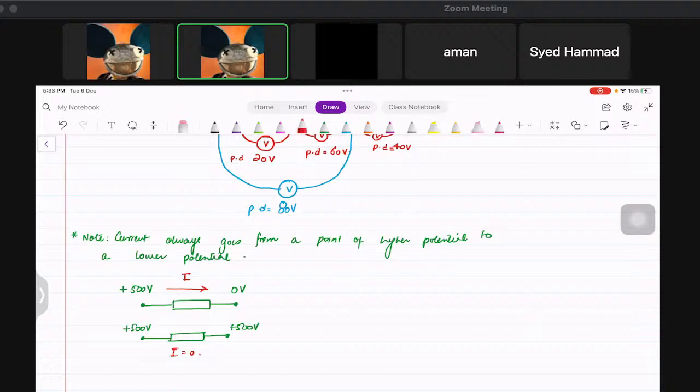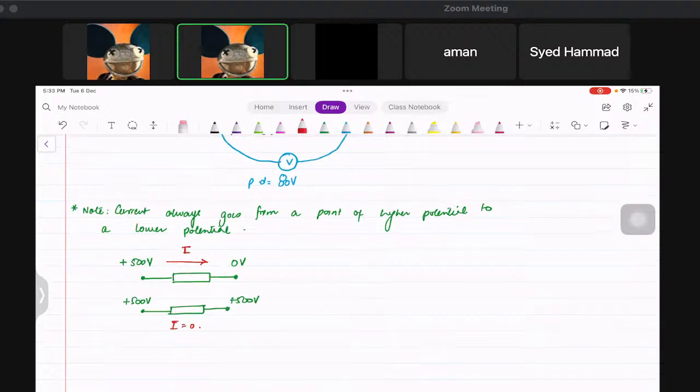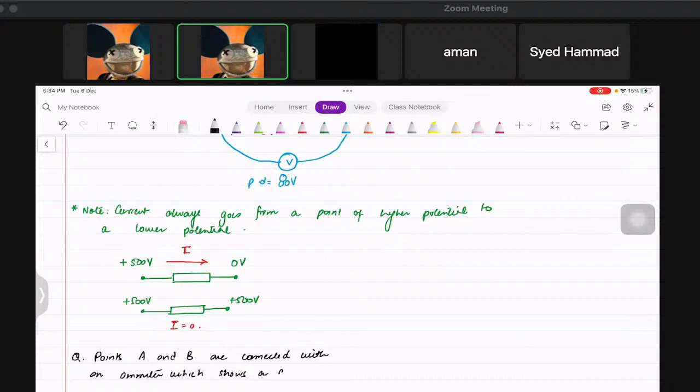Now, for example, in a question, it says, points A and B are connected with an ammeter which shows a 0 current, right?